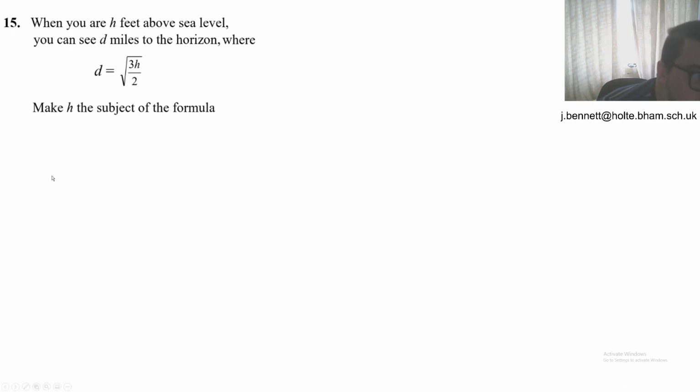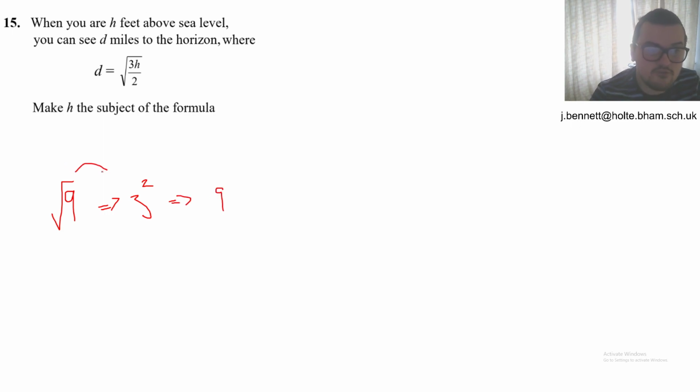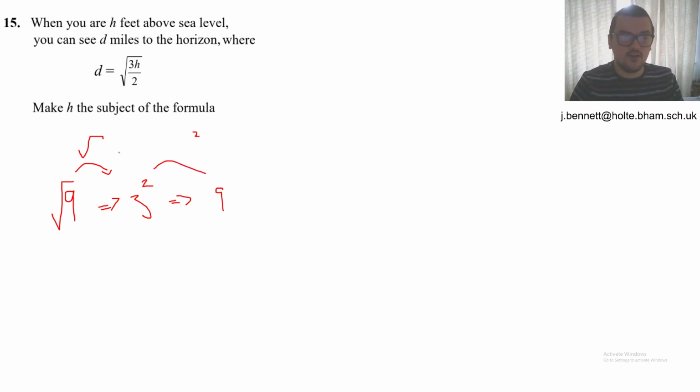If we have the number 9 and we square rooted it, we would get 3. To go back to 9, we would square the 3, and that takes us back to 9. So we've square rooted, and then we've squared. So one is the opposite of the other.